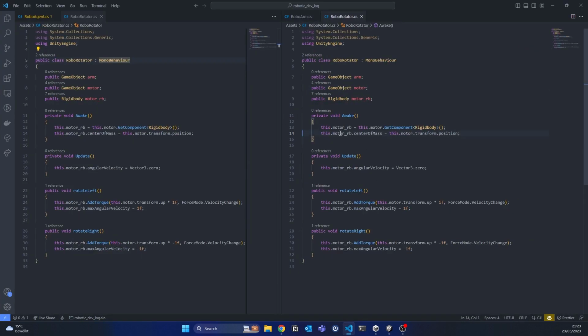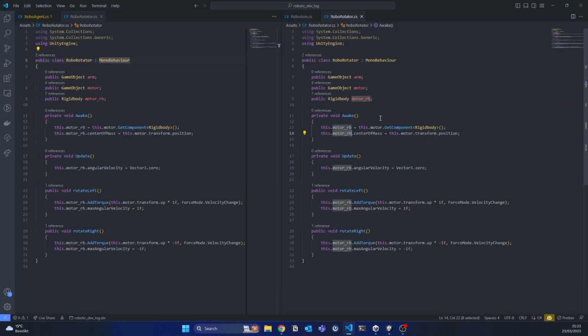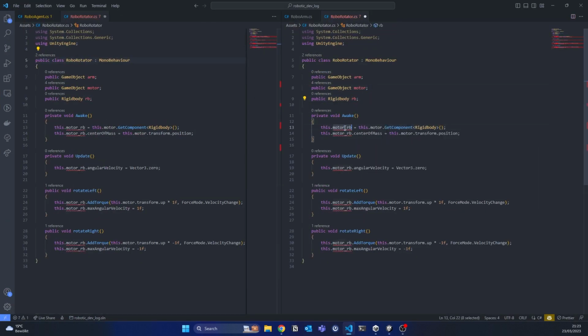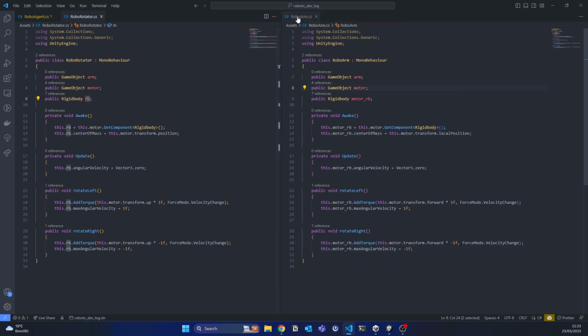Tries to access this here from the motor. Okay. Let's call it RB, because this is now okay, similar here. Because it's the rigid body of the object that we are running the script from.